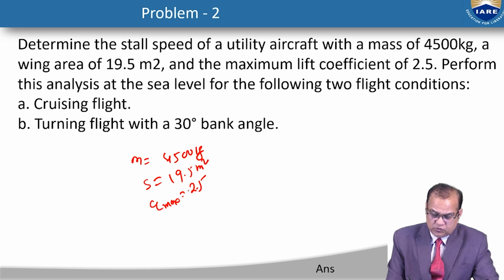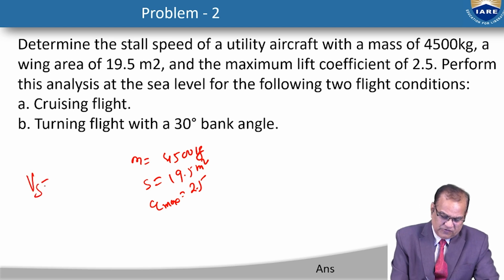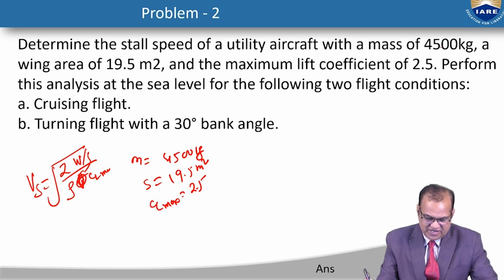So for the cruising flight, we have to determine stall speed Vs. I think we know that Vs is under root 2W by rho S CL maximum, W by S. So m is given, S is given, CL maximum is given, rho is given.